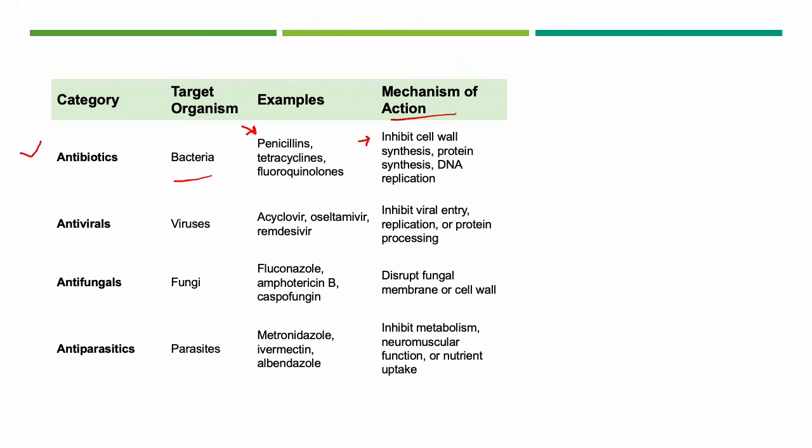Then we have antibiotics that inhibit protein synthesis. For example, tetracyclines, macrolides, aminoglycosides. These all inhibit protein synthesis, which means they target somehow the ribosomes that are involved in synthesizing our proteins.